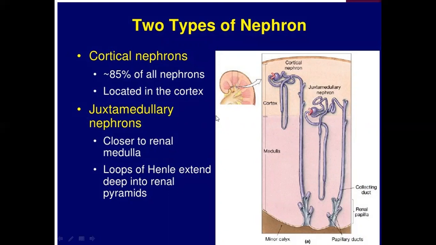85% of nephrons are cortical and present in the cortex section, and juxtamedullary nephrons are closer to the renal medulla, with the loop of Henle deep into the renal pyramid. So why are there two types of nephron? Because if there are too many juxtamedullary nephrons, then water and ions are reabsorbed from the blood and urine will form in a much more concentrated form.